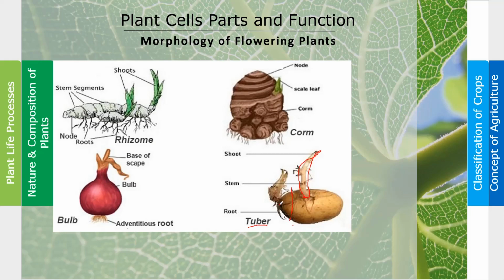Pwede pa rin yung mag-roots. Okay? So, ito na yung mga roots niya. This whole thing here, yung kinakain natin sa patatas, that is actually a stem, a modified stem. Okay? And then, yung mga stem na yan, those are actually the branches already. Okay? And then, here's the node. Yan. Kaya hindi siya roots. Okay?